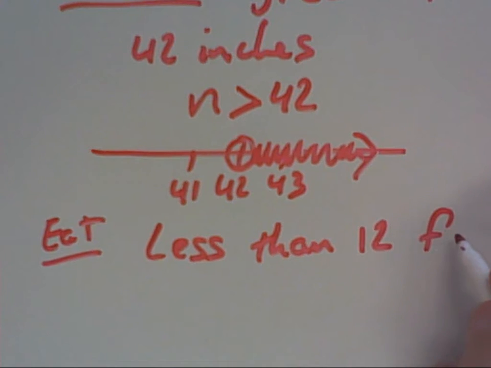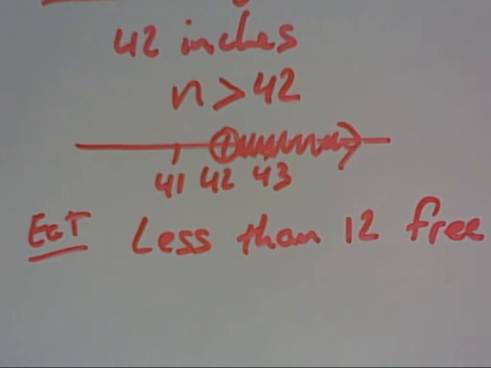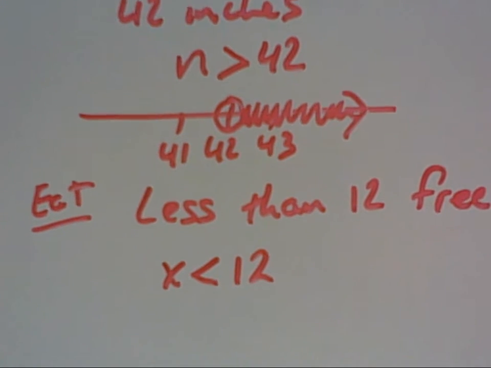Less than 12, maybe your salad bar is free, or maybe your meal is free that night. So let's write an inequality. The people that would eat free would be the people, let's say that they are x. Would a 12-year-old be able to eat free? Is a 12-year-old less than 12? Well, a 12-year-old is equal to 12. So a 12-year-old wouldn't work. It would only be those people who are less than 12. So it would look like this.